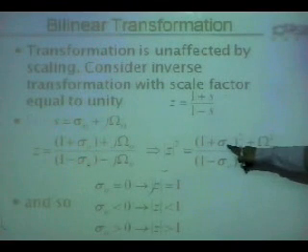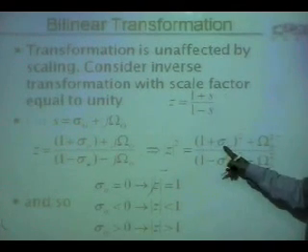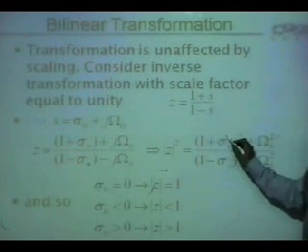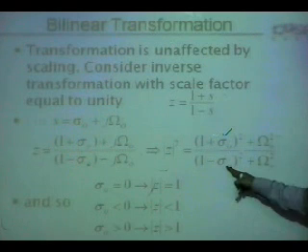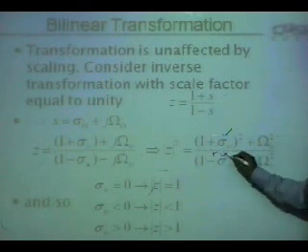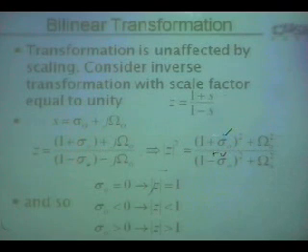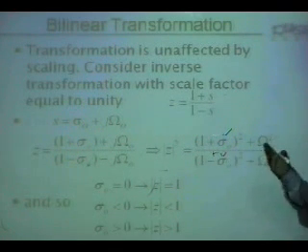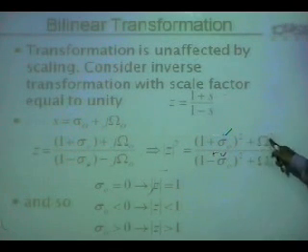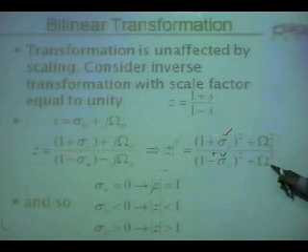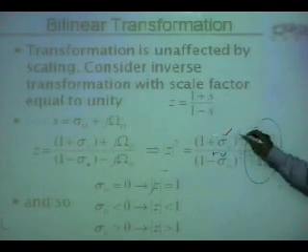Now if sigma is negative, this will be negative something and this will be positive something. So 1 minus negative something will be greater than 1, and 1 plus negative something will be less than 1. Omega naught is the same, so this is not going to affect the value.